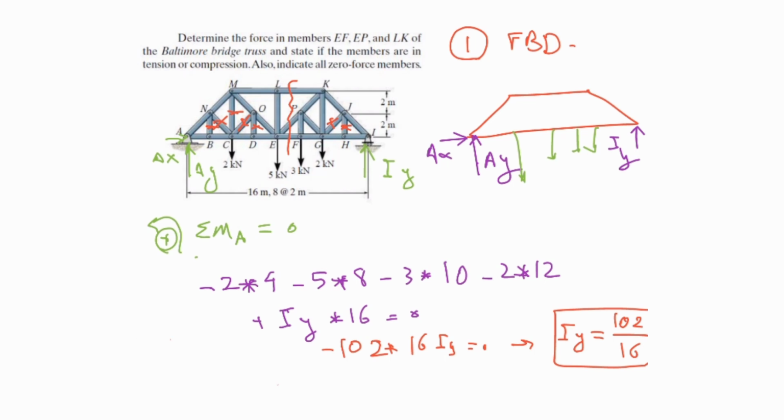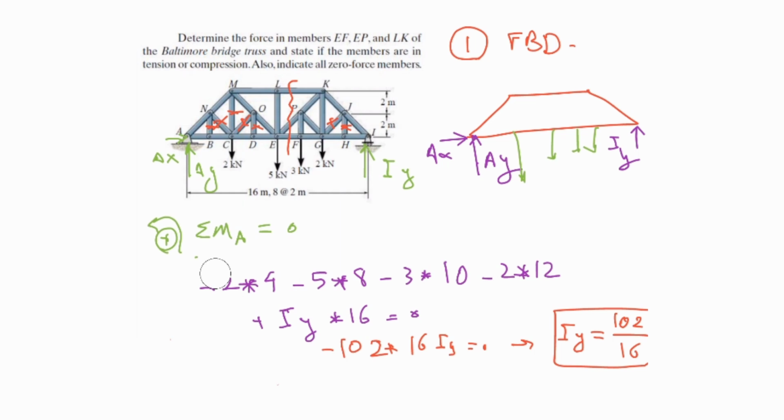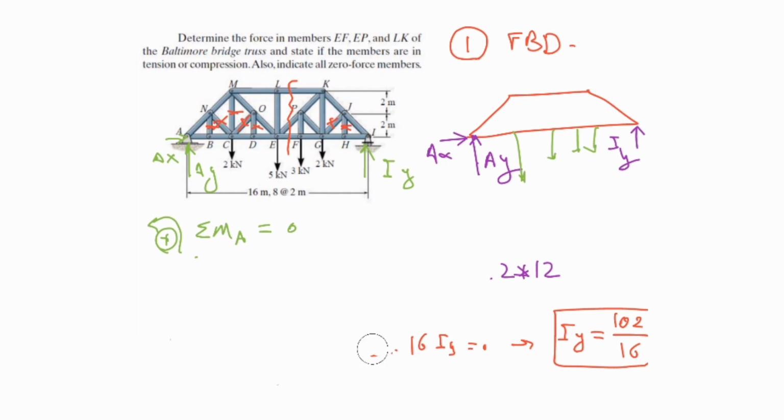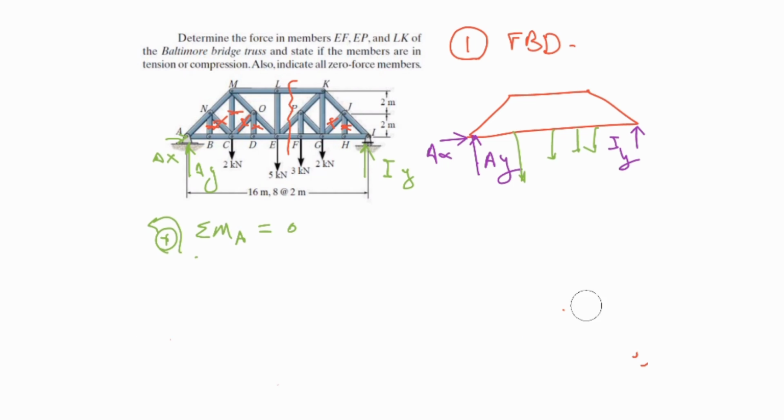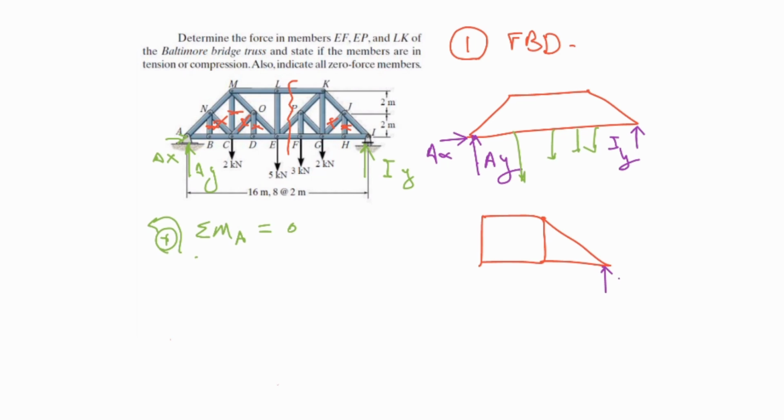I just erase these things and just put 102 over 16 instead of iy. I have a free body diagram over here that would be like this, and what I have is 102 over 16.